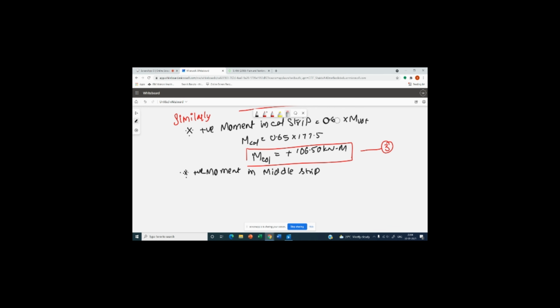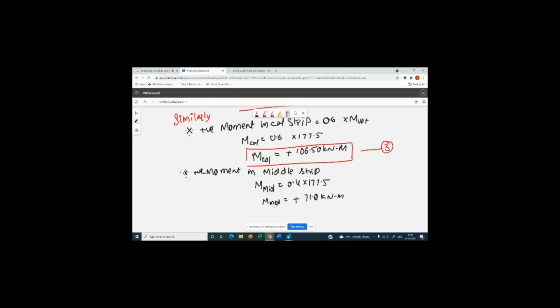This is 60%, so the answer is correct. Only in the flow I have written it as 65. So M middle will be 60 is gone, so 40%. So 0.4 times 177.5. So the middle strip positive steel moment will be equal to 71 kilonewton meter.